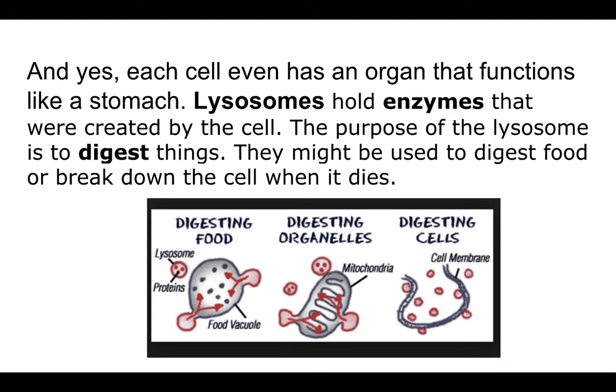And yes, even our cells have an organ that functions like the stomach, lysosomes. Lysosomes hold a lot of enzymes that were created by the cell, and the purpose of lysosomes is to digest things. They might be used to digest food or even break down cells when they die and digest the other cells around them. All lysosomes need different proteins in order to work.